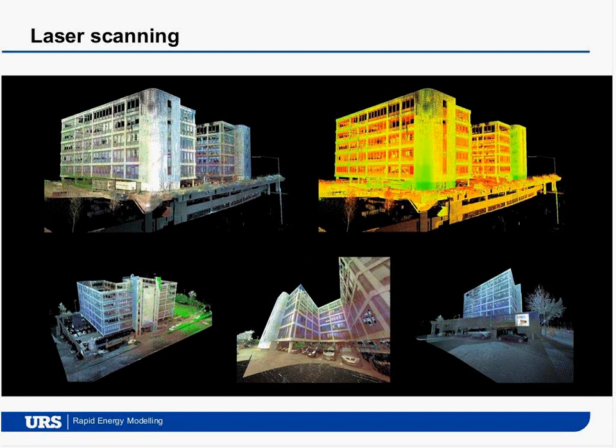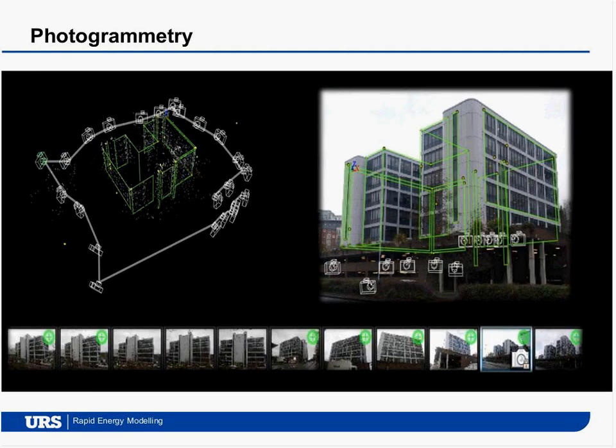So this one you can see here is our own head office in Basingstoke. It was the first building we started looking at about three years ago, and that's a laser scan. The approach is very accurate, but it will take around half a day, so it's not the absolute fastest method we can use.